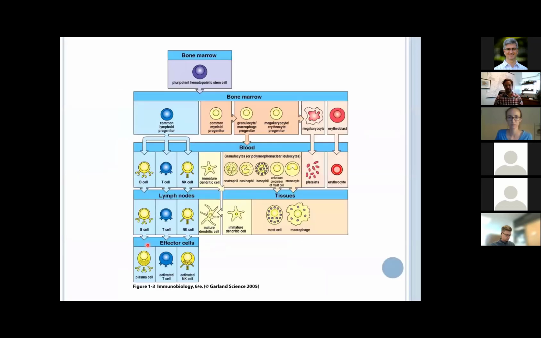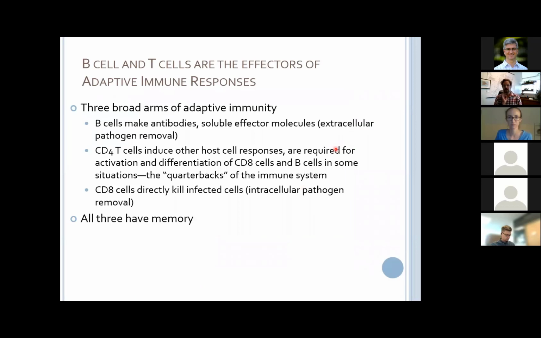Okay, so I'm going to switch here to adaptive immunity and spend just about 10 minutes on B cells and T cells really quickly, and then talk about some of the special topics that were raised. But there are three broad arms of adaptive immunity, and this is, again, classically what we're talking about when we talk about the immune system and when we talk about vaccines and interventions.